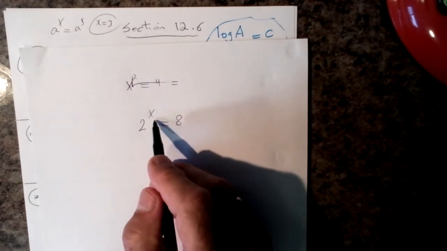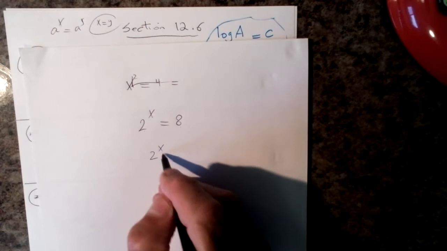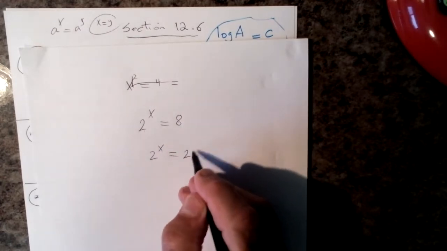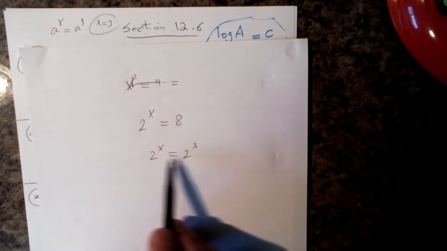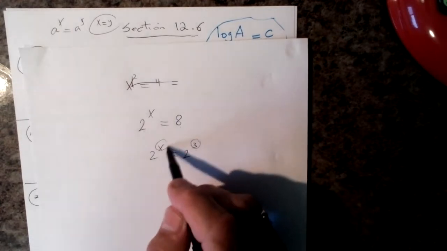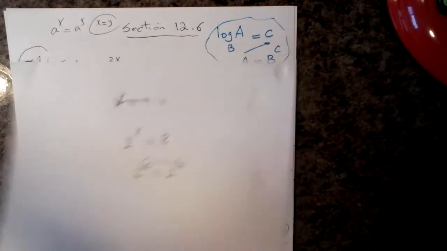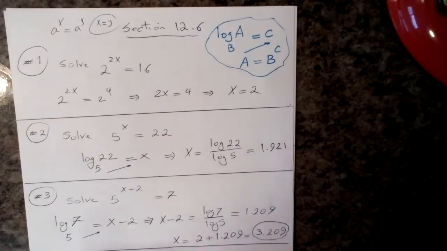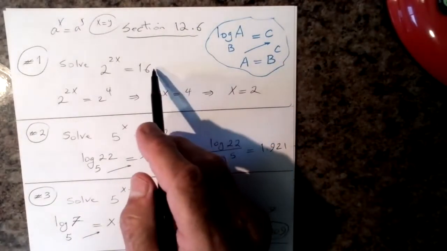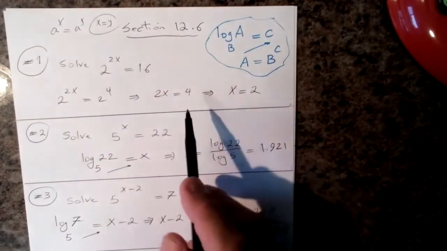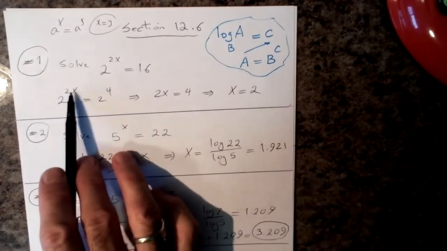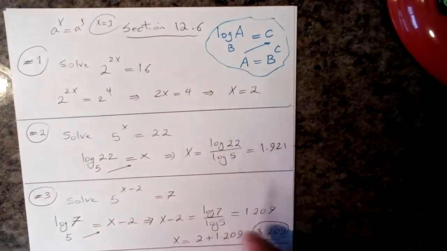That number is 3, right? The other way to do it is, instead of 3, you write 2 to the power of 3. If bases are equal, then exponents are equal, so x equals 3. The same idea is here. 16 is 2 to the power of 4. They both have the same base, and 2x is equal to 4, so x is 2.